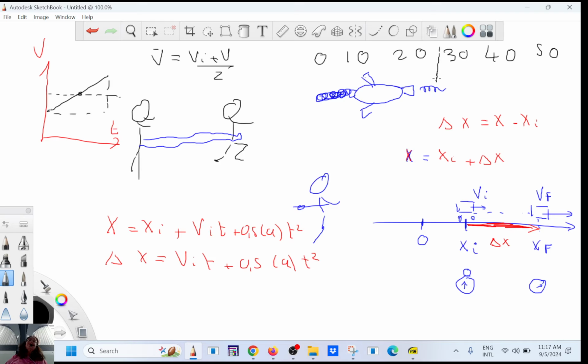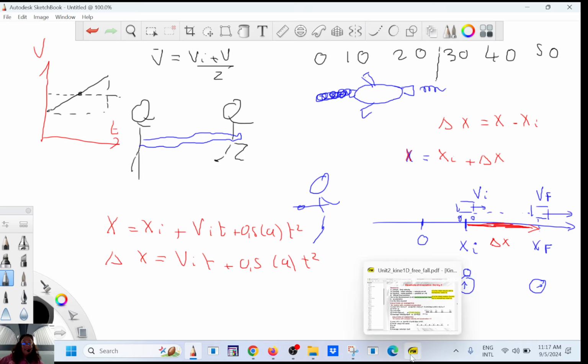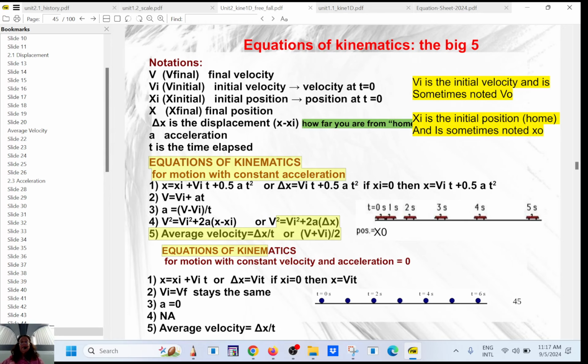It's going to be in the middle, right? It's going to be 25 if you increase at a constant rate. Yes? Makes sense, right? Okay? If there is no acceleration, you take the same, but a equals 0. So you're going to get that.